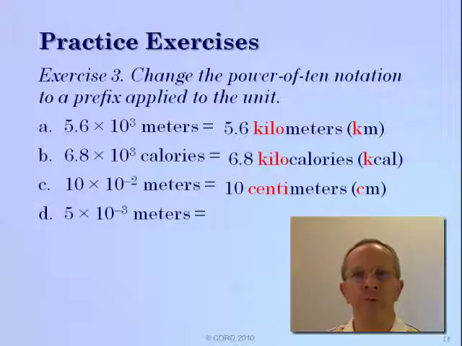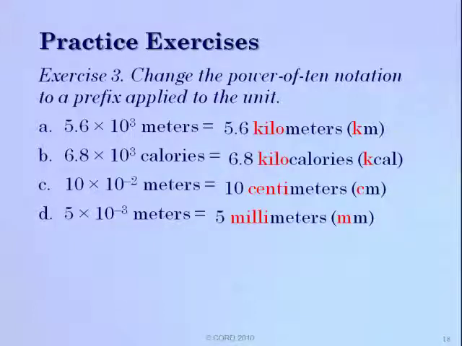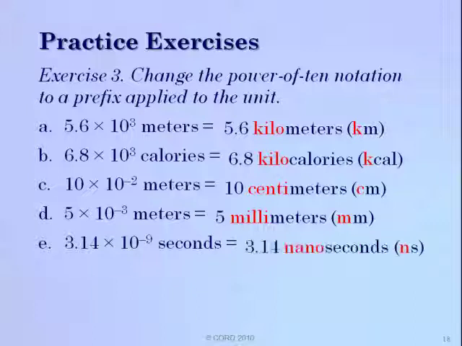What prefix would be appropriate for 10 to the minus 3? That would be millimeters. 3.14 times 10 to the minus 9 seconds. The prefix for 10 to the minus 9 would be nanoseconds.